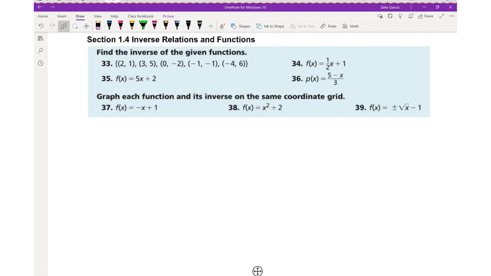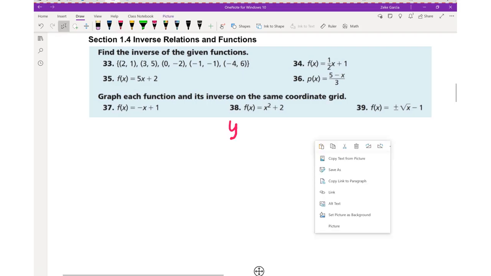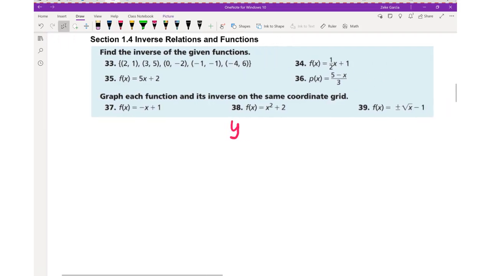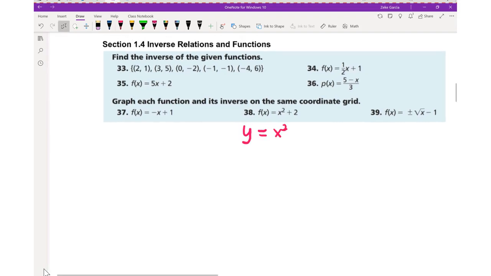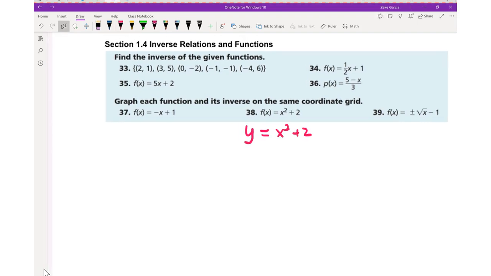For number 38, it says graph each function and its inverse on the same graph. So we have y equals x squared plus 2. So to find the inverse, we have x equals y squared plus 2.